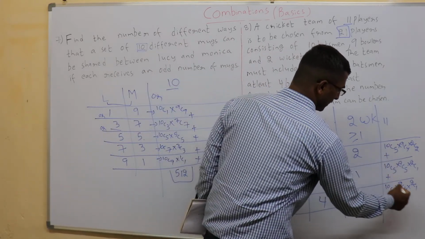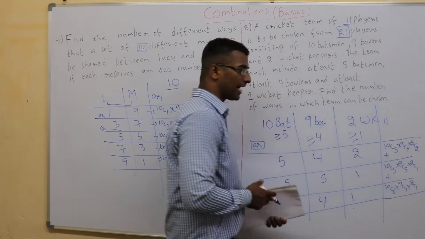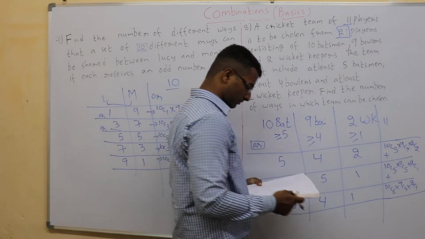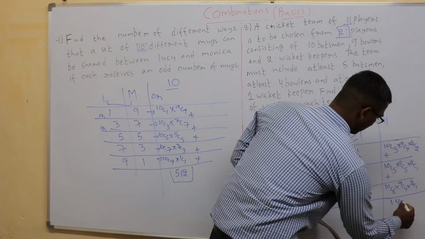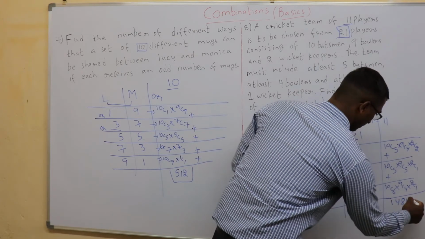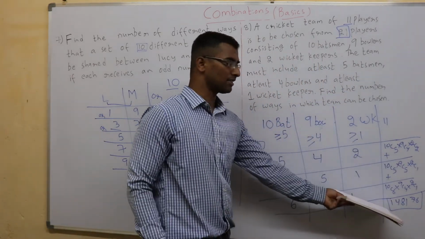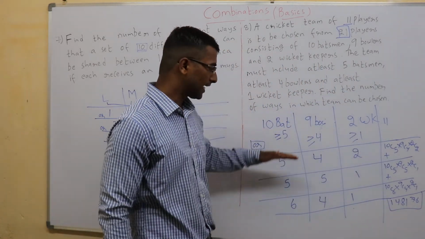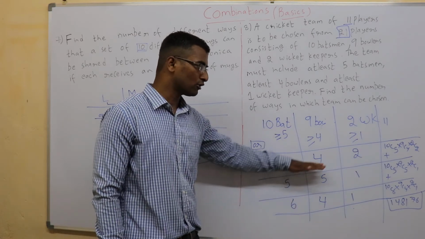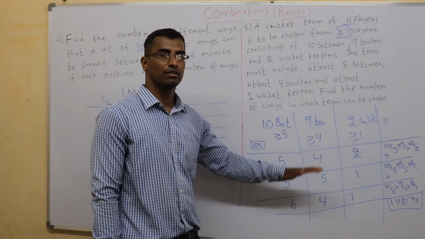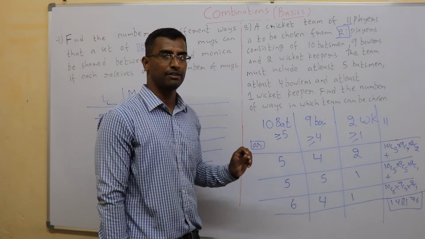So add these 3. You get the answer to be 148,176. This is the final answer. Am I clear? Write all the options, for each row write the number of ways. Finally add. That will be the final answer.